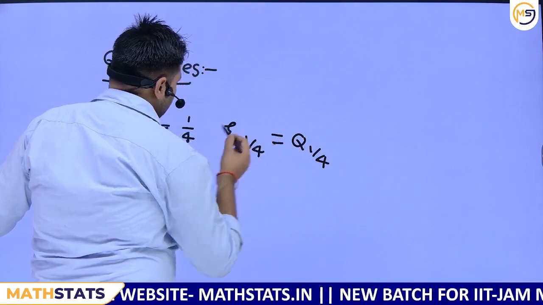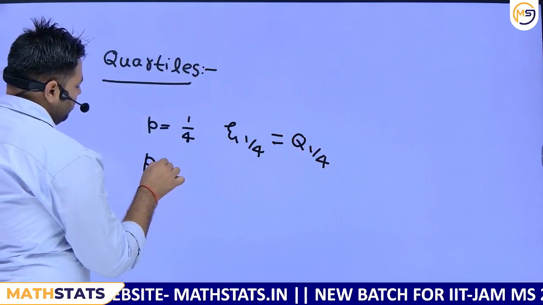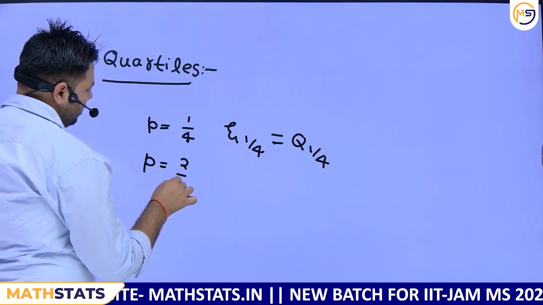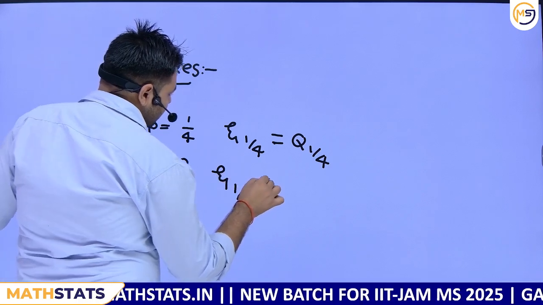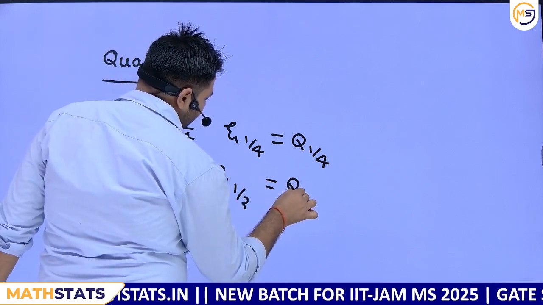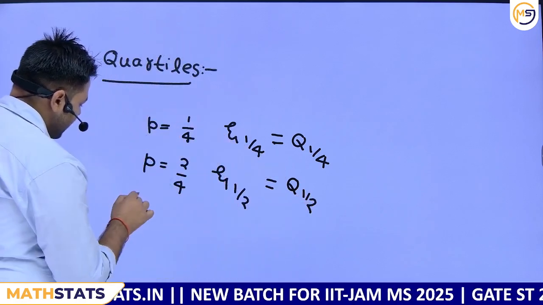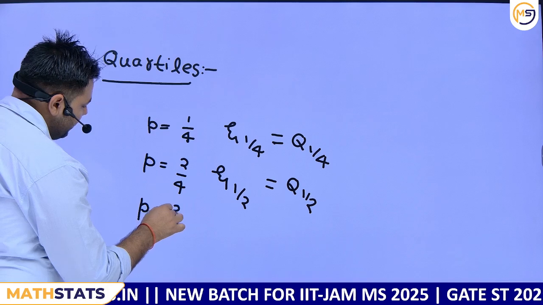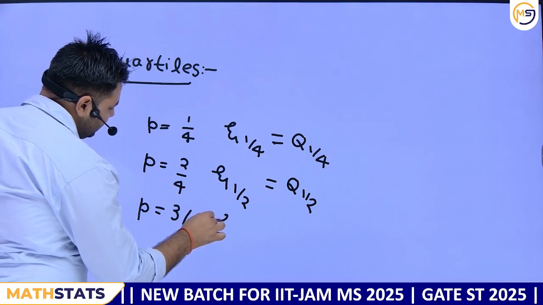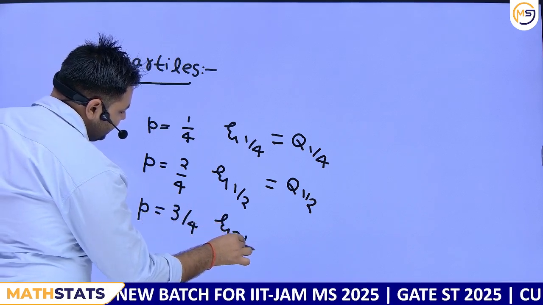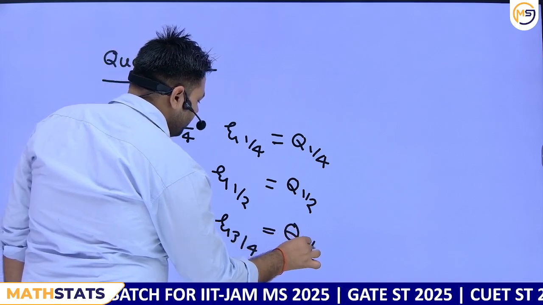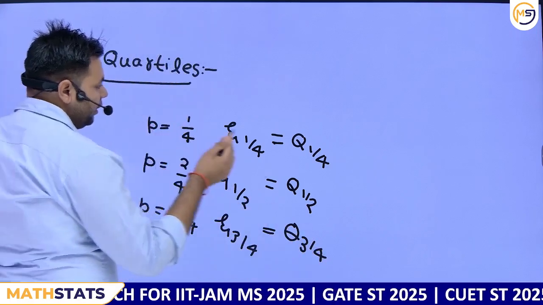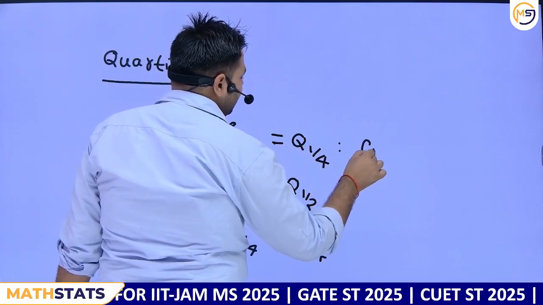If I put p equal to 2 by 4, then we will get Q of 1 by 2, the second quartile. If I put p equal to 3 by 4, we will get Q of 3 by 4, the third quartile.